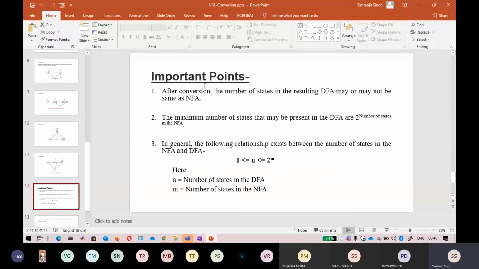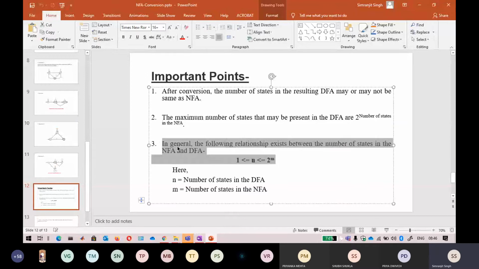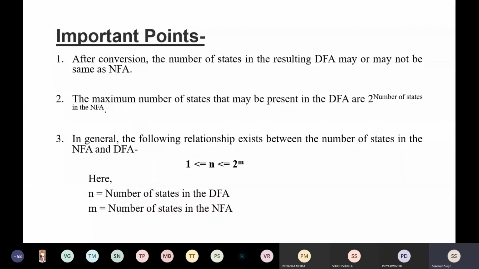Okay. So there are some important points towards the end of the topic that I just highlighted. In general the following relationship exists between the number of states in NFA and DFA. It says 1 less than or equal to n less than or equal to 2 raised to power m, where n is the number of states in the DFA.